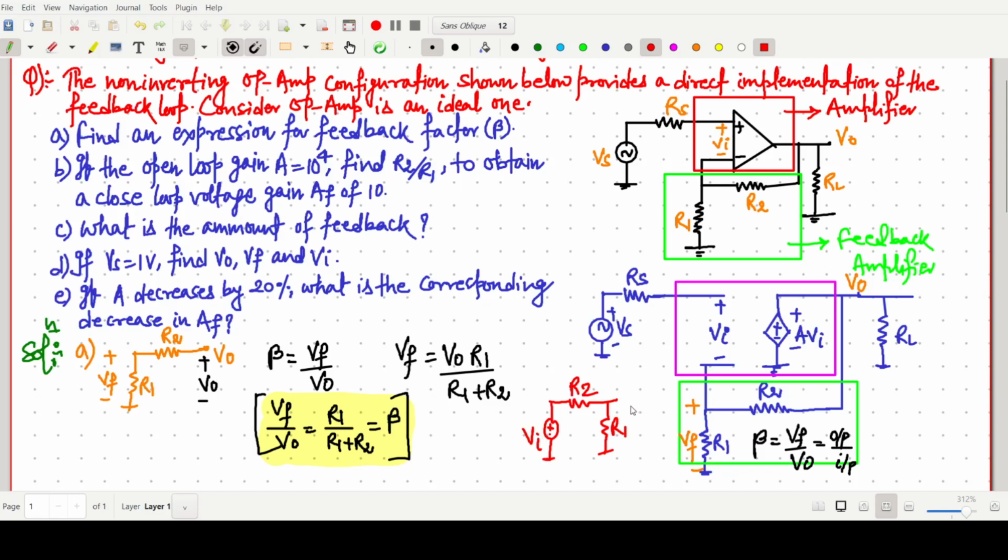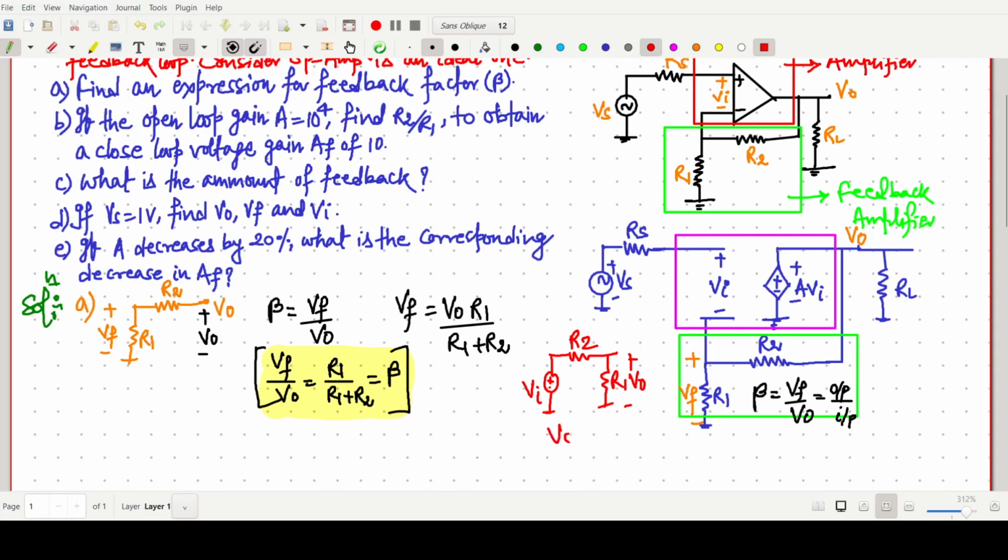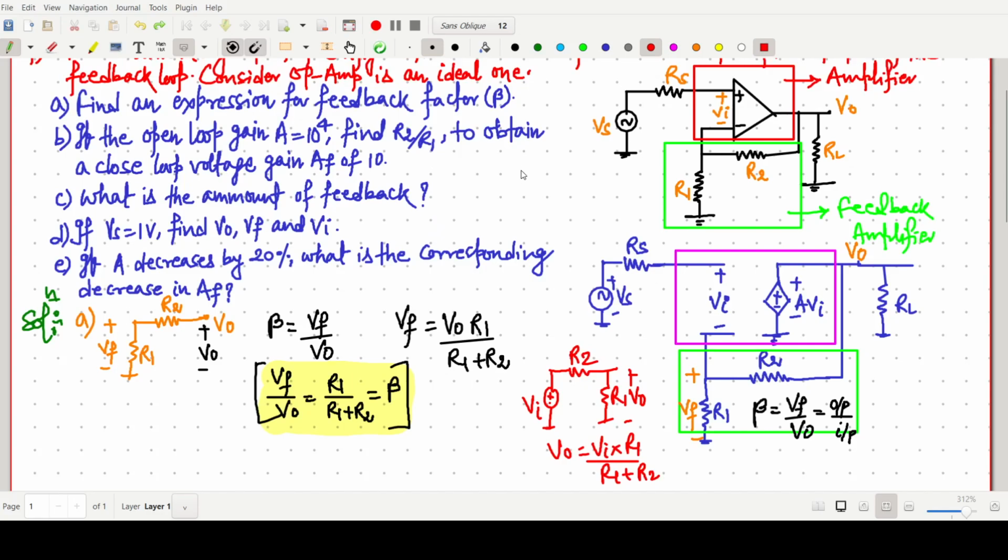If we have to write V naught, V naught is just Vi into this resistance R1 by R1 plus R2. It is very simple; this is just an example. So the first part is over, the beta value we have calculated. Now the next part is part B.